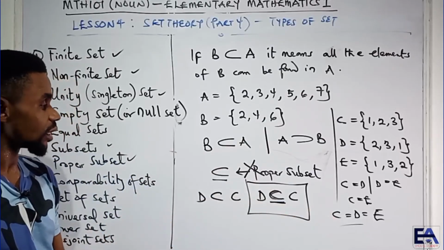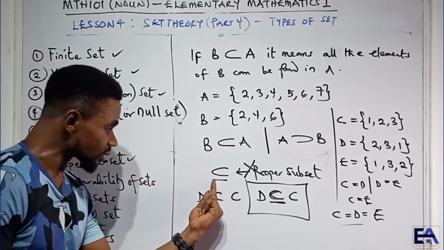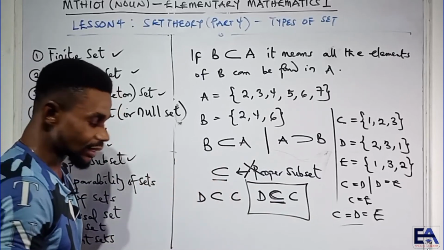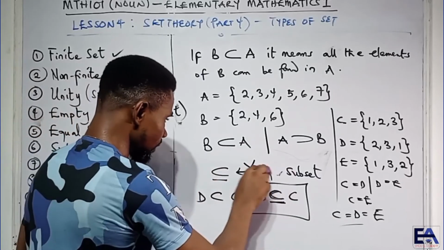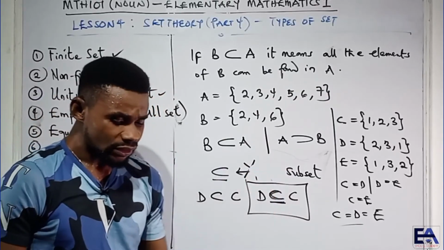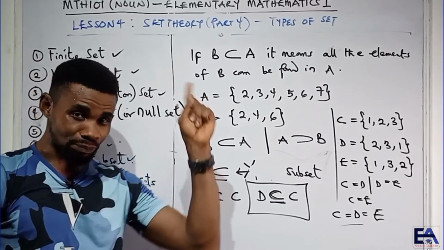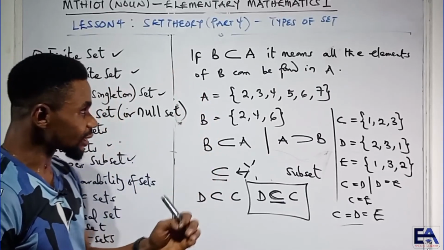So, this equality symbol under this simply means that it is a subset, but not a proper subset. Now, the difference between subset and proper subset, I explained in that video.